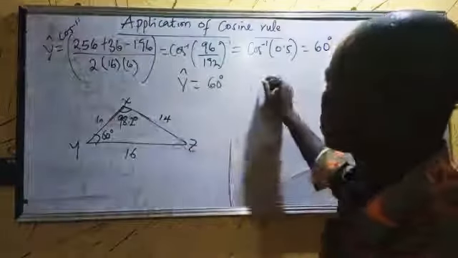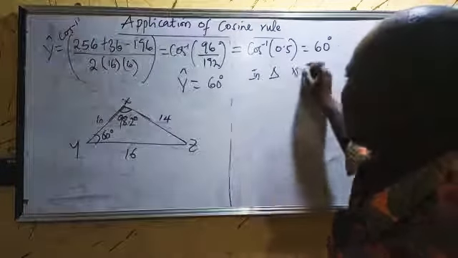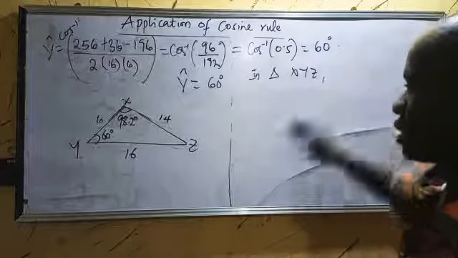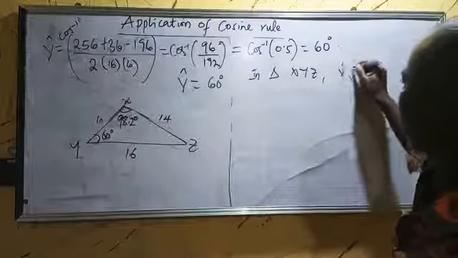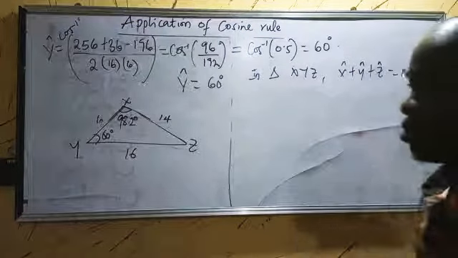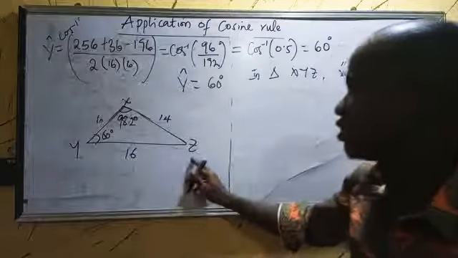So to get this one now, in triangle XYZ, can you see? You can say that x plus y plus z equals 180 degrees. Here is the sum of angles in a triangle. So we are looking for the z.